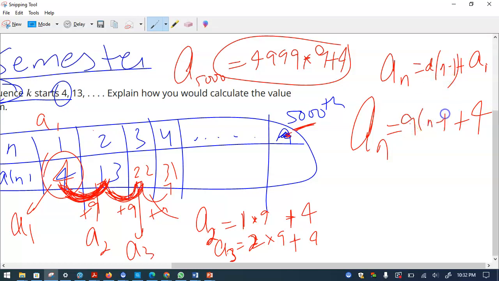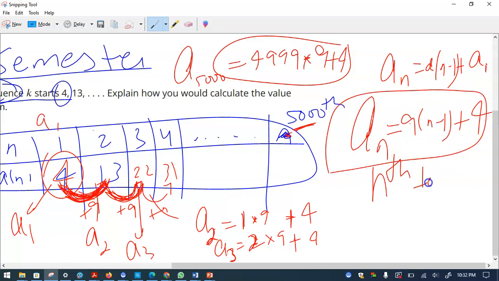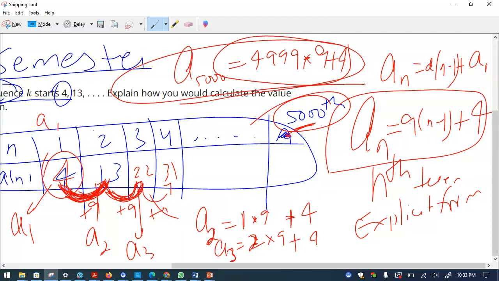So this is the nth term, the explicit formula for the arithmetic sequence. To find the 5,000th term, you just do this calculation and you get the answer. How did we get that 4,999? It is because it is 5,000 minus 1, so 1 less than 5,000. I hope I'm making sense.